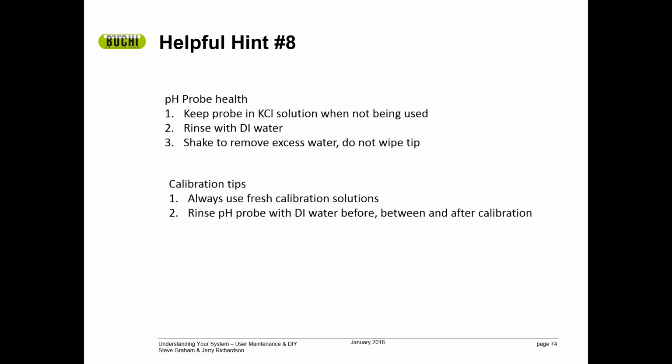Put it in potassium chloride solution for long-term and short-term, even overnight. Rinse it with DI water, and rather than wiping the bulb dry, try shaking the excess water off of it, because wiping it can abrade the surface and cause problems.